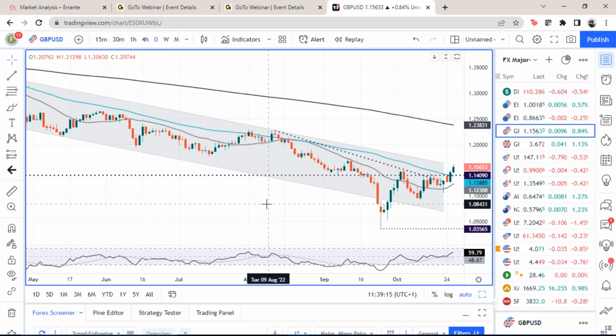That depends for sure on the global reassessment of risk, i.e. positive sentiment really, and if that then hurts the dollar some more, then certainly cable, sterling against the dollar, can go higher.